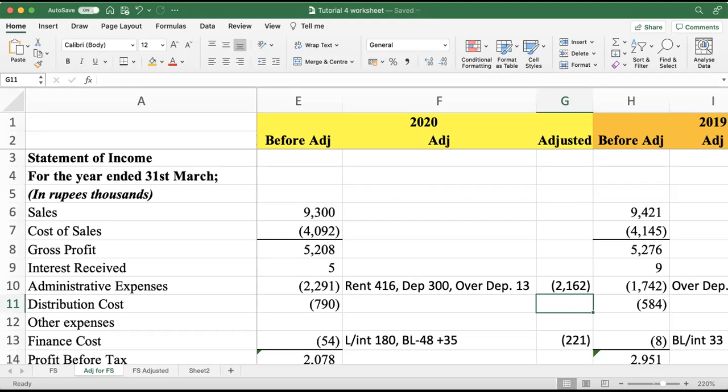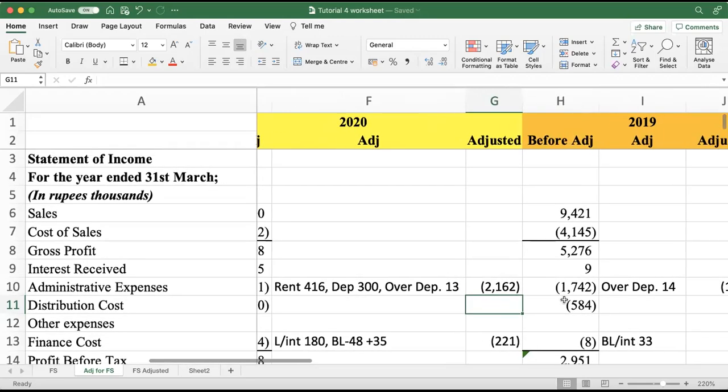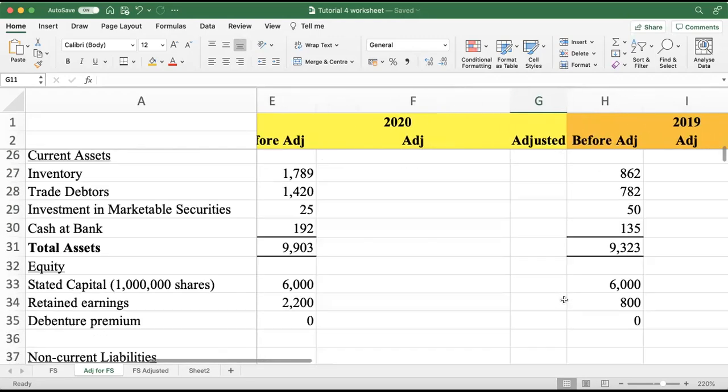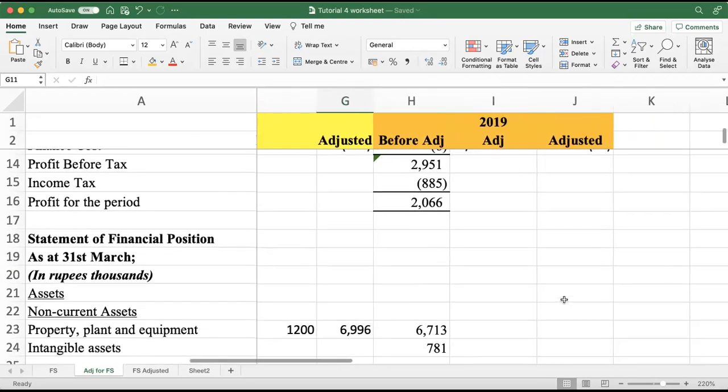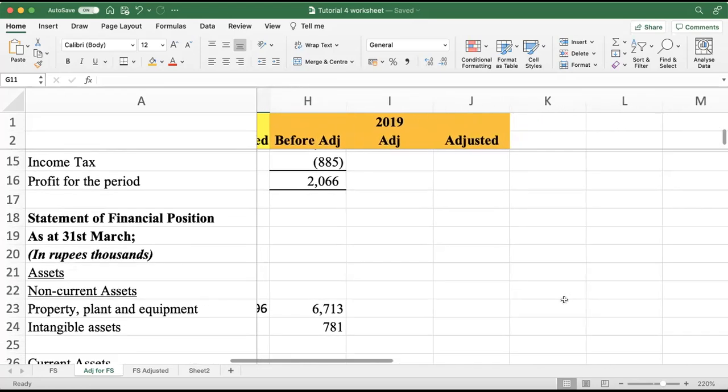Right. So the same over depreciation, you have to adjust to the asset value. 2019, 14, 2020, 13. So let's see 2019 property, plant and equipment.